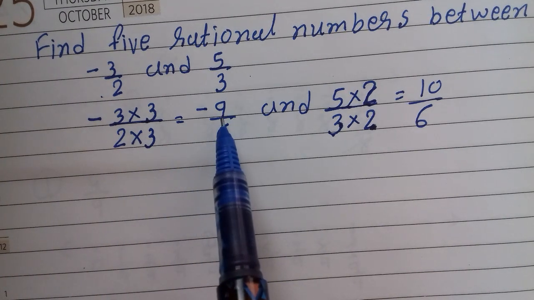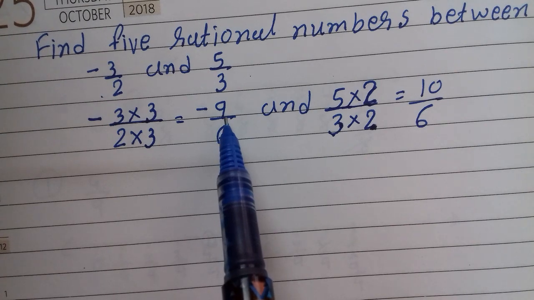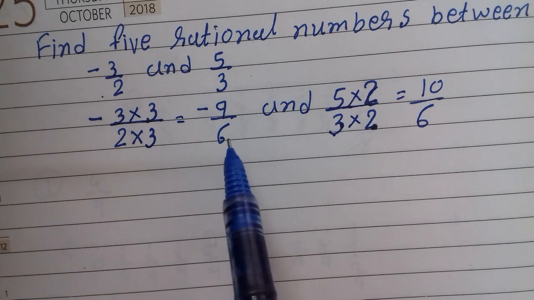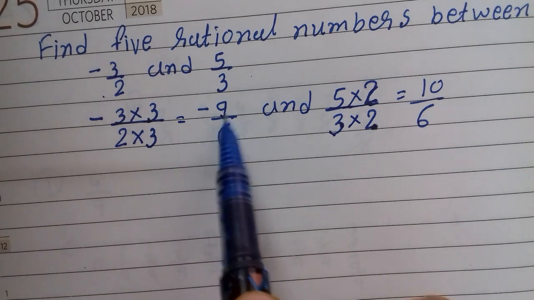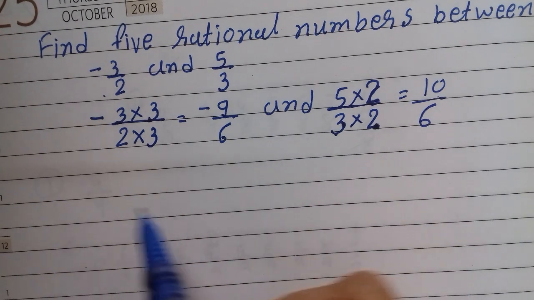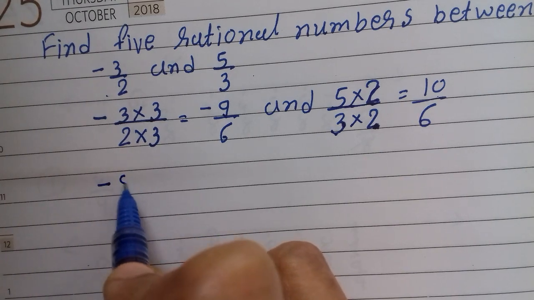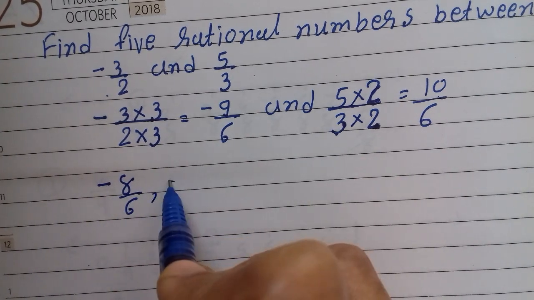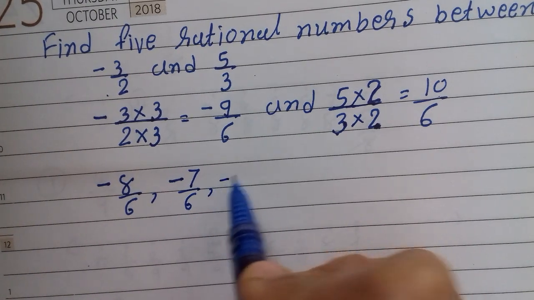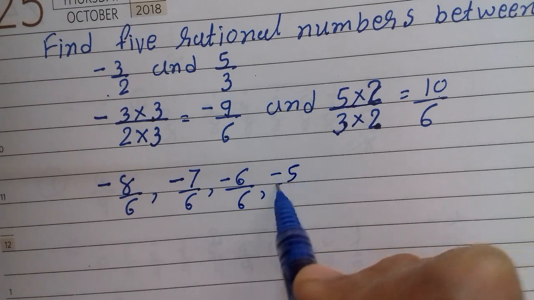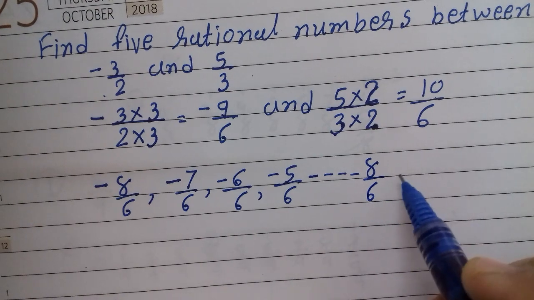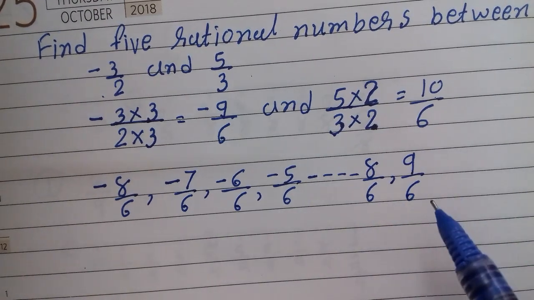Clearly, -8, -7, -6 up to 9 are integers between the numerators -9 and 10. Thus, we have -8/6, -7/6, -6/6, -5/6 up to 8/6, 9/6.